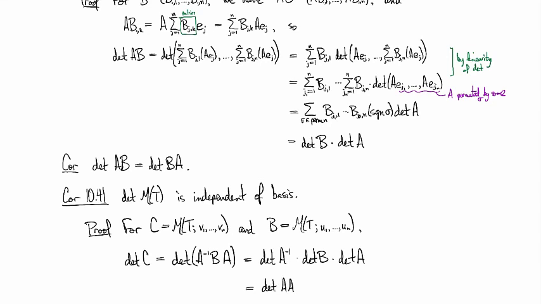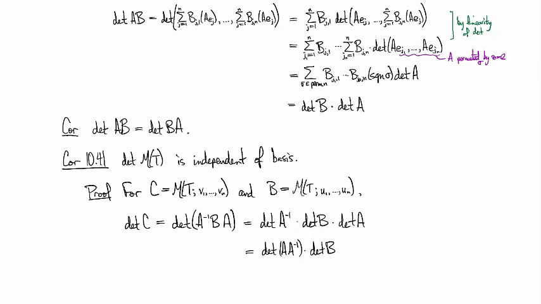So I can have determinant A A inverse times determinant B, and the determinant of the identity is just 1. So we're done. In summary, the general principle is that if two matrices are similar, then they have identical determinants.